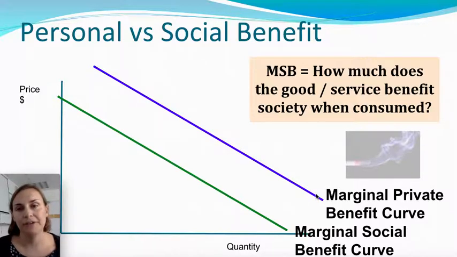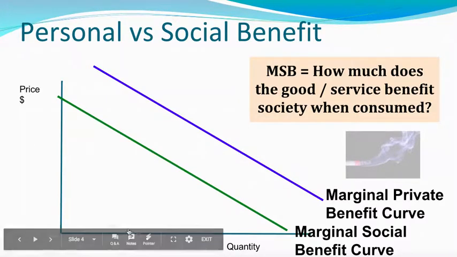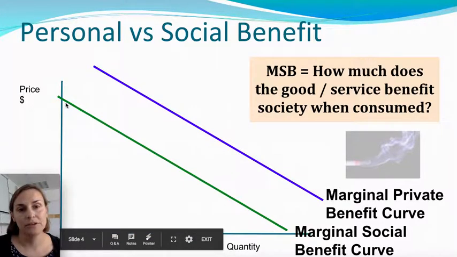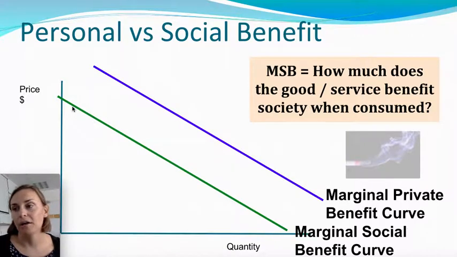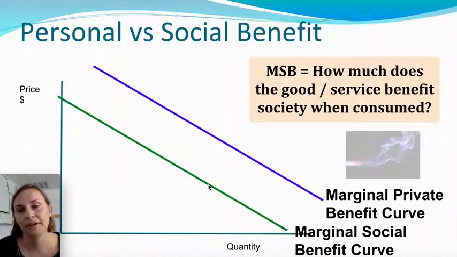But for every cigarette that's consumed, that affects society as a whole in a negative way. So let's say someone's smoking next to me, or we all have to pay for the health care for smokers, perhaps, depending on where you live. So the marginal social benefit, or how much society benefits from that cigarette, is a lot less, which is why, for this example, the marginal social benefit is below the marginal private benefit.